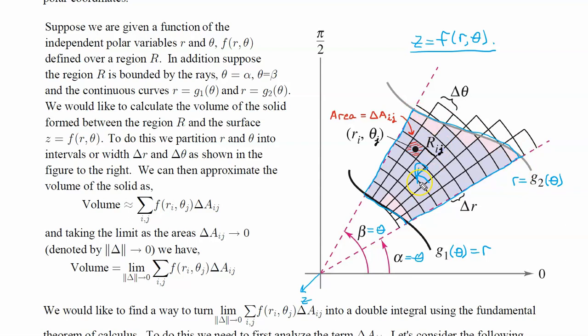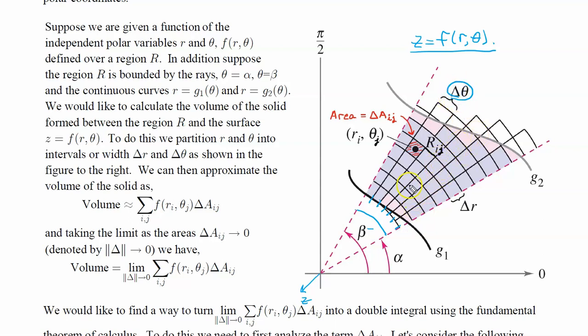So to determine what form that double integral takes, we're going to do much as what we did before when we did this using rectangular coordinates. We will partition this region into small regions delta A sub ij. So that's the way we're going to start. So you notice in this diagram here, we have the interval alpha to beta, representing what theta varies over, partitioned into subintervals of width delta theta up here.